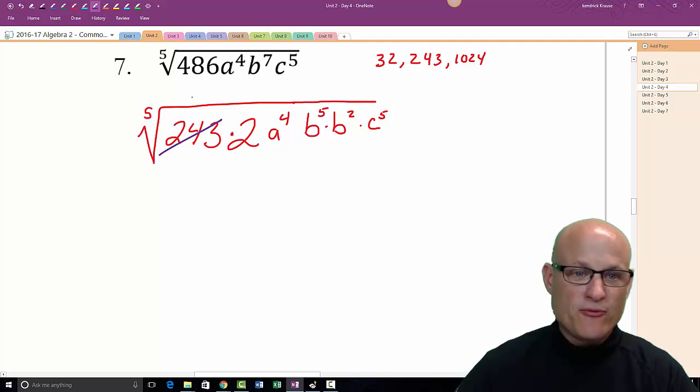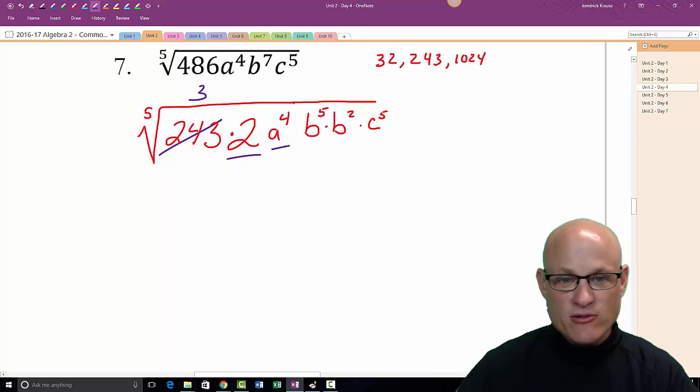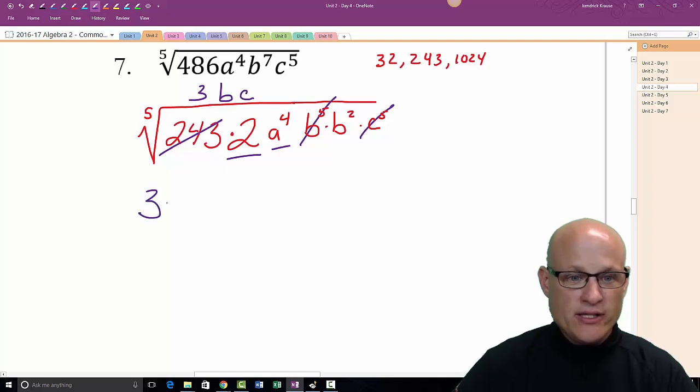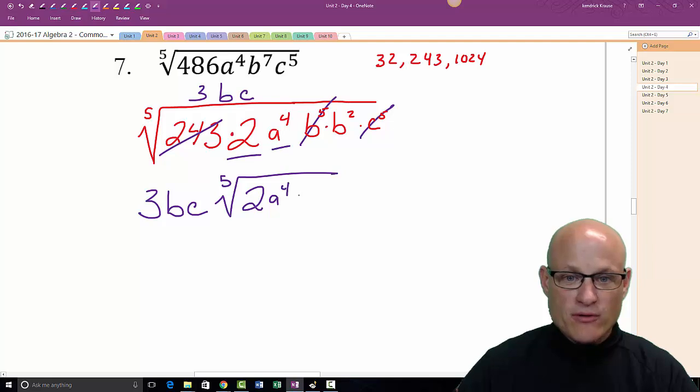So the fifth root of 243 is 3. I can't do the fifth root of this. I can't do the fifth root of this. I can do the fifth root of that. It's just b. And I can do the fifth root of that. It's just c. So 3bc fifth roots of, now see what's left over, 2a to the fourth b squared.